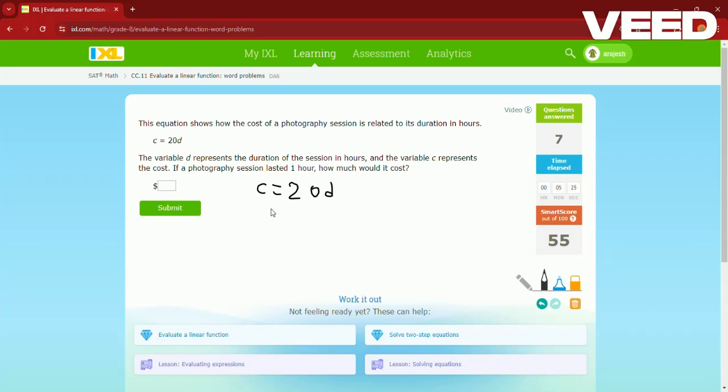Okay, moving on. Now C is equal to 20 times 1. So it'll be just 20. So I'm going to say that it's 20. So we're going to check if it's correct or erroneous.